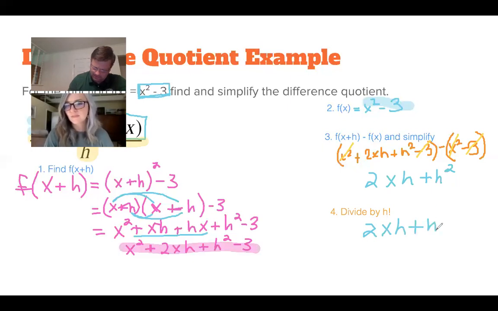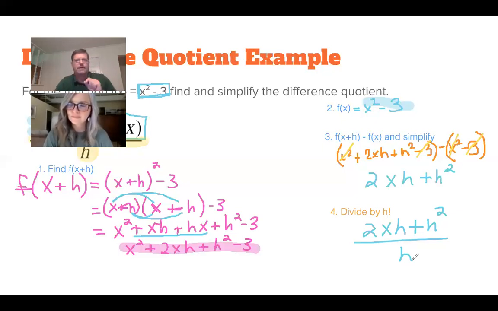Now, I just said we weren't going to worry about this, but I have something that happens. I have h's in the top and an h in the bottom. So I can divide everything by h and take away an h from both of the terms in the numerator.